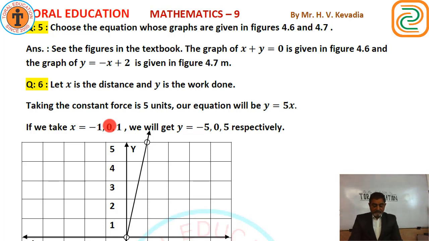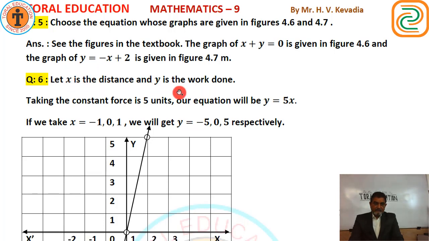Also read from the graph the work done when the distance travelled by the body is 2 units and 0 units. So what we should do, let x be the distance and y be the work done.